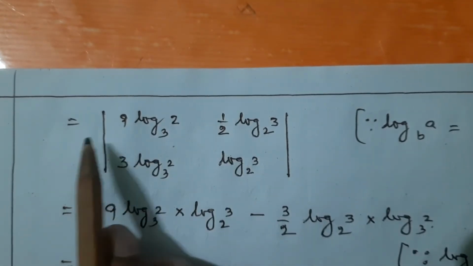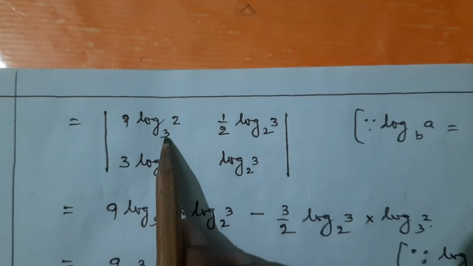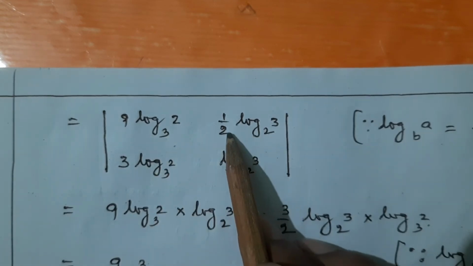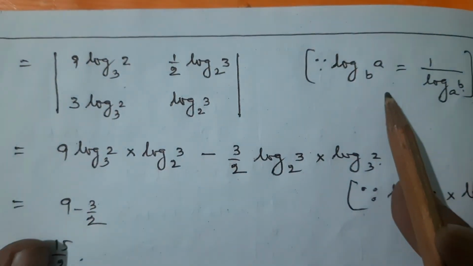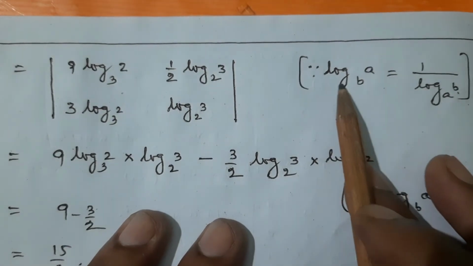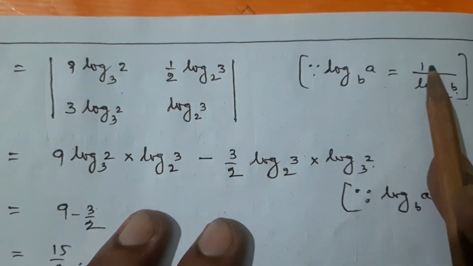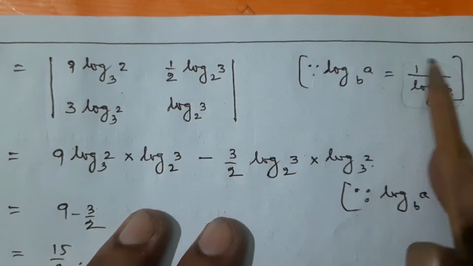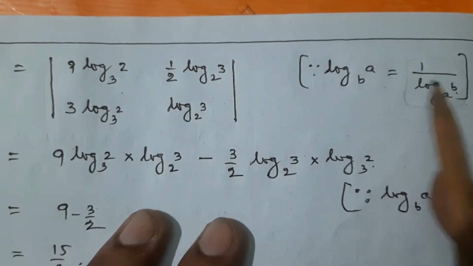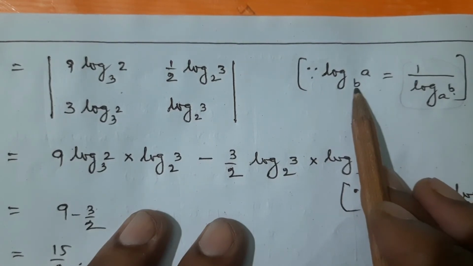That is equal to 9 log 2 to the base 3. Again we repeat the reverse of the formula we used: 1 by log b to the base a equals log a to the base b.